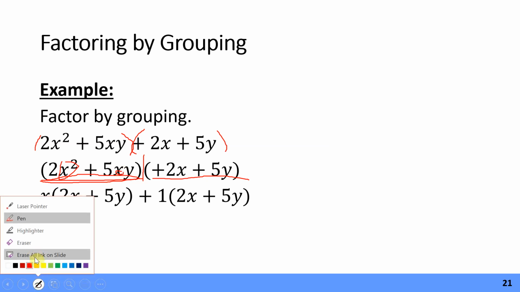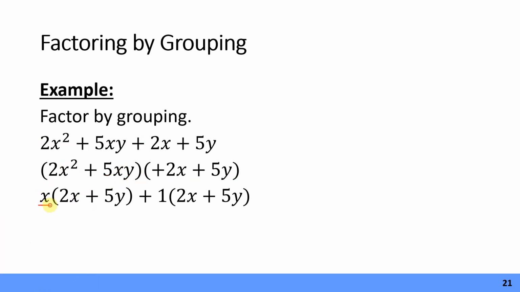So I factor out the x, and if I factor out an x from here, the x exponent drops down to 1. And if I factor out the x from here, I'm just left with 5y. Now, from these two, the greatest common factor is actually 1, right? 2 and 5 cannot be divided by anything.